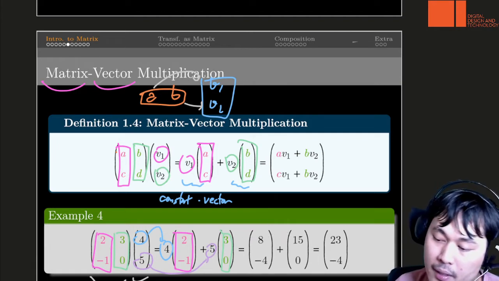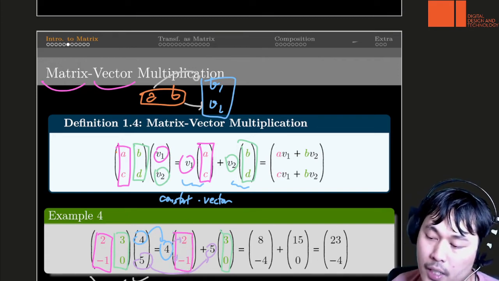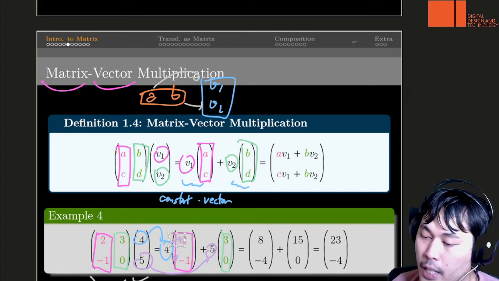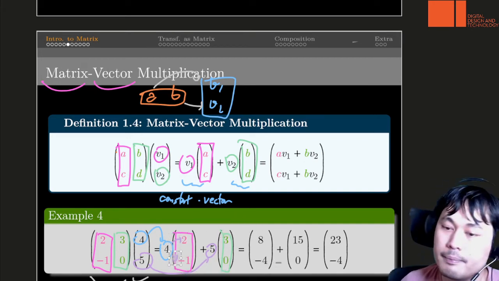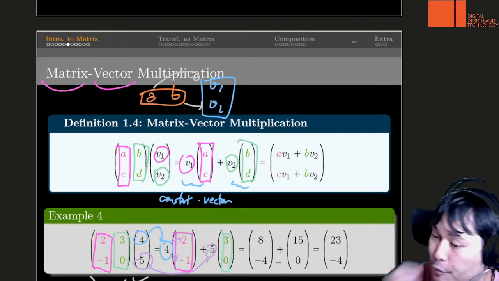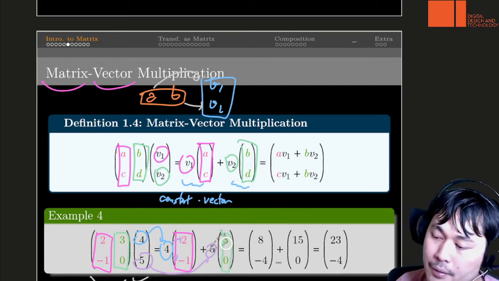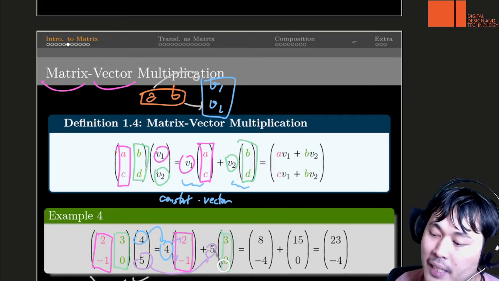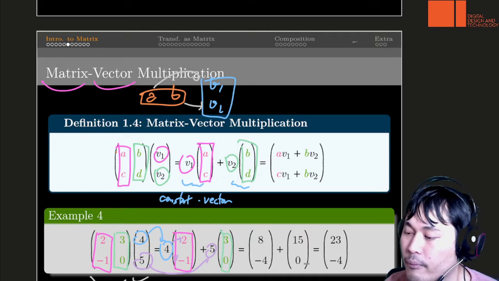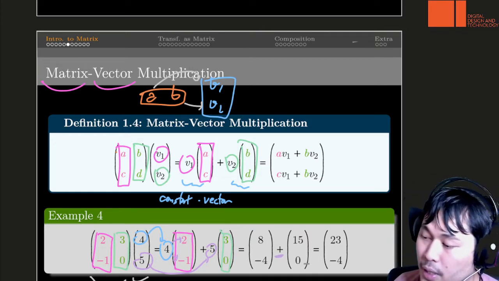And you do it one by one, like 4 times this vector, and you distribute 4 inside, so you get 4 times 2, which is 8, and 4 times minus 1, which is minus 4. And likewise, for the second one, we have 5 times this vector. So we have 5 times 3, which is 15, and 5 times 0, which is 0. And finally, we add them together to get 23 and minus 4.